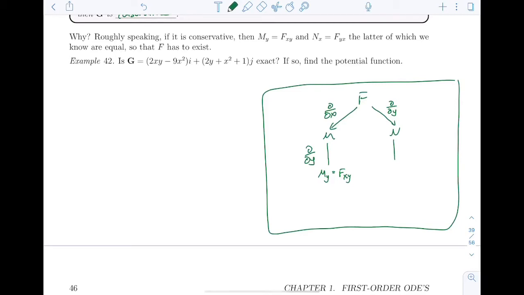Then for N, we take the derivative with respect to x, and we get Nx, which is fyx.